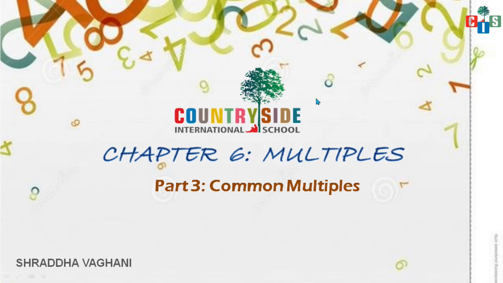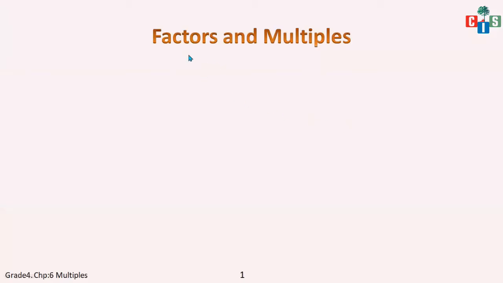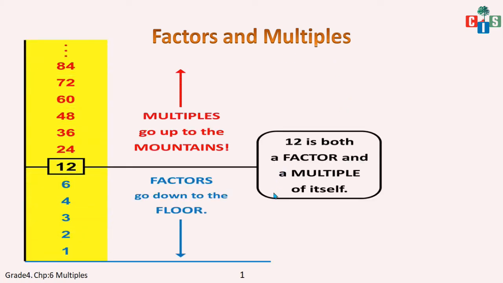In the previous video we saw even the difference between the factors and multiples. Do you remember this chart? Multiples go up to the mountains and factors will always go down to the floor. This was the mantra which I gave you to remember the difference.